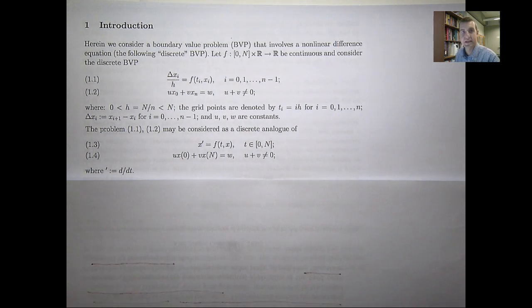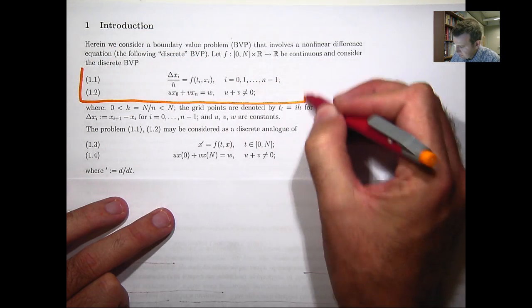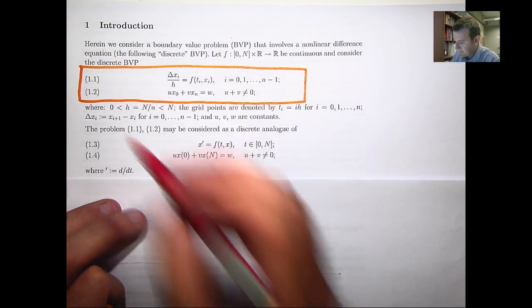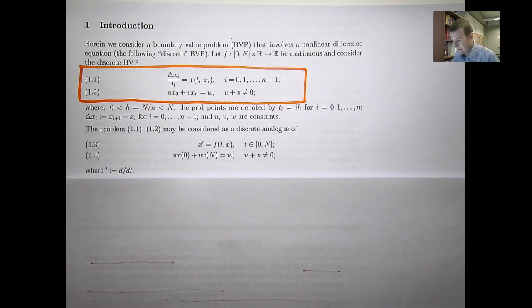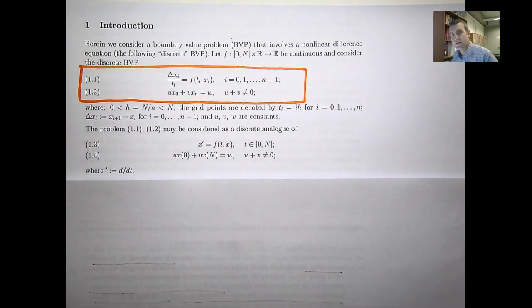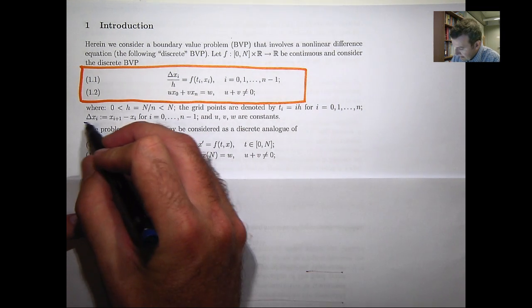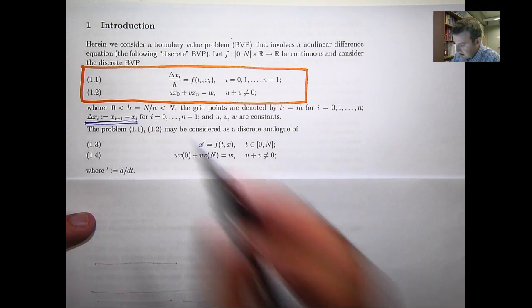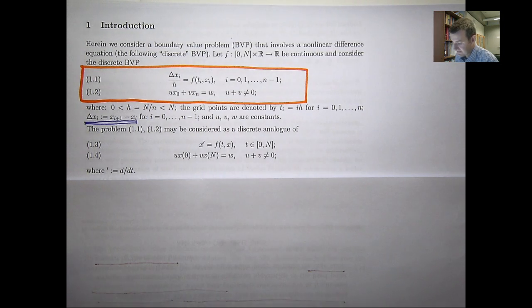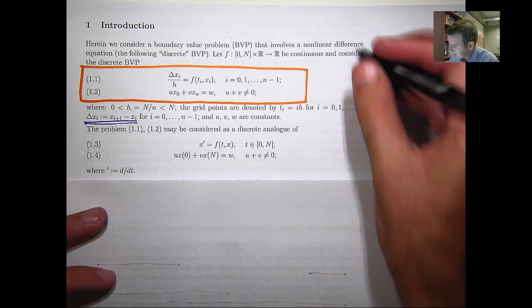Okay, so let's have a look at the boundary value problem under consideration, the discrete BVP. Okay, well here in 1.1 I've got a first order, possibly non-linear difference equation. The delta x sub i is just the forward difference. h is the step size and f is some potentially non-linear function.